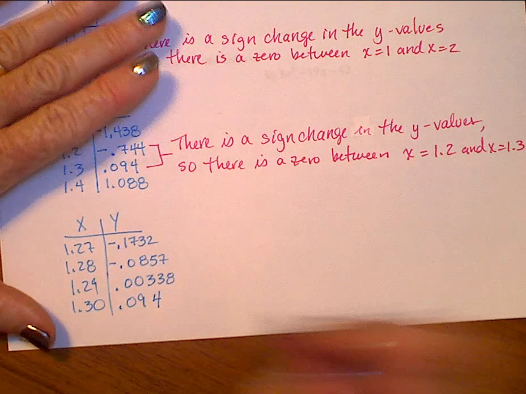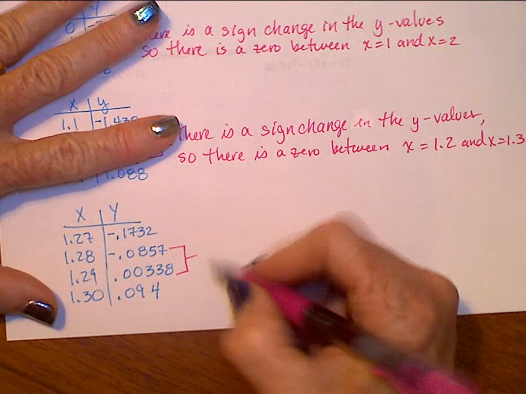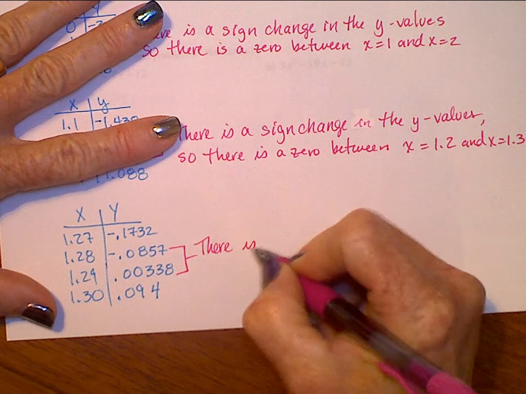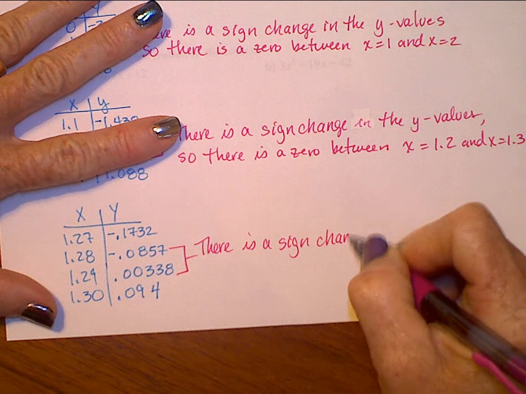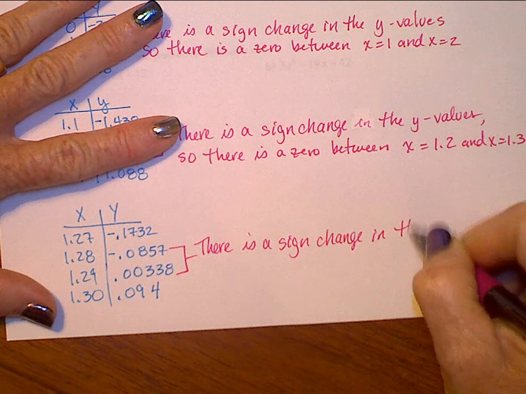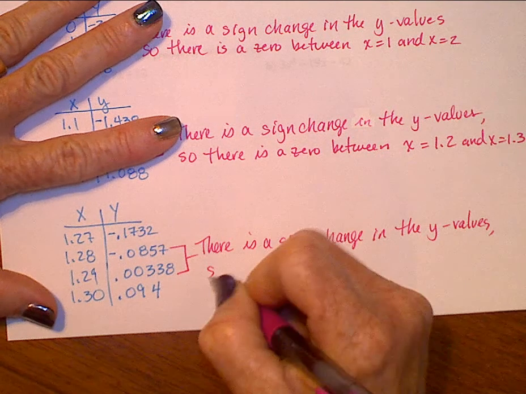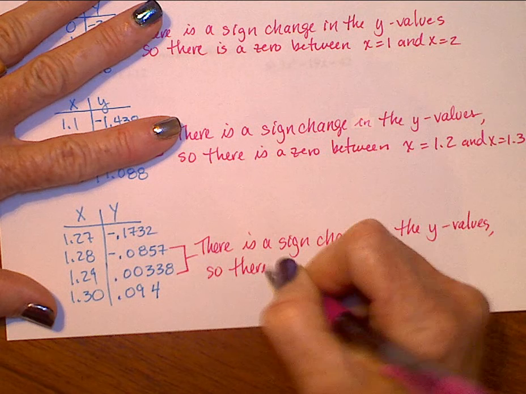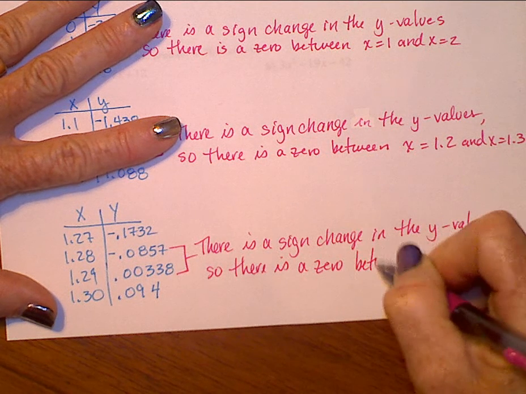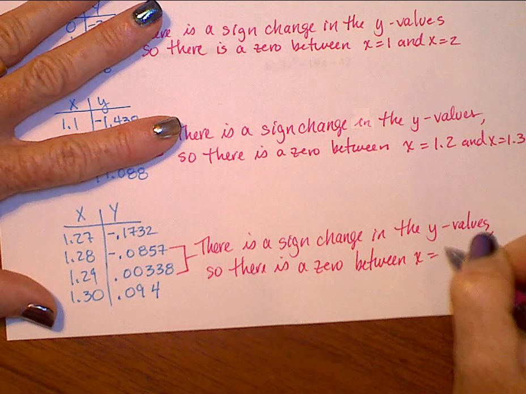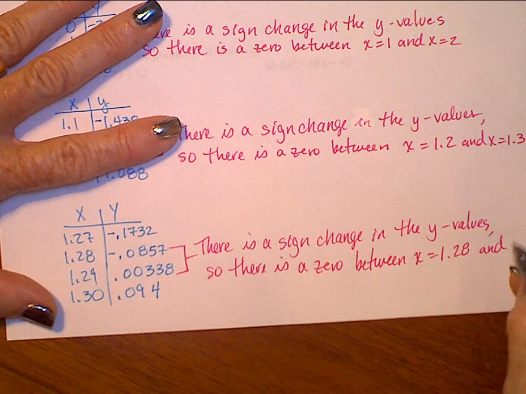Okay, so right here we see a sign change in the y values. So there is a 0 between x is 1.28 and x equals 1.29.